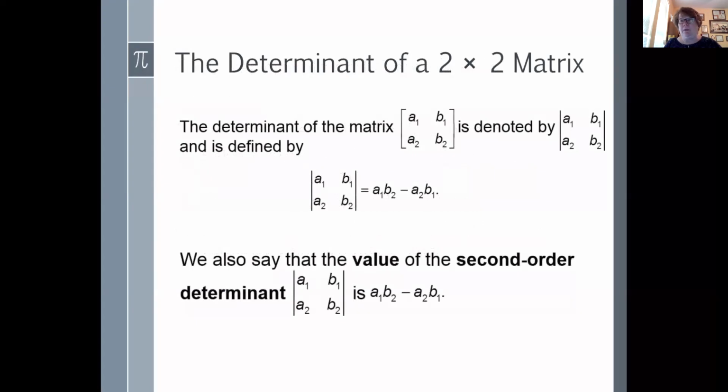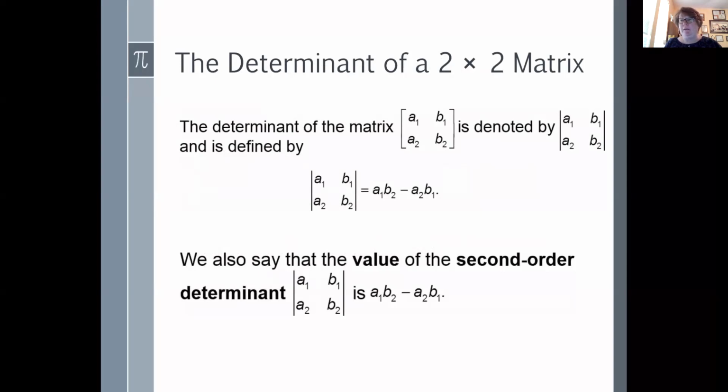What's a determinant? A determinant is just a constant associated to a particular matrix. So let's say you have a 2 by 2 matrix, 2 rows, 2 columns, that is formed using the elements A1, B1 for the first row, and A2, B2 for the second row.